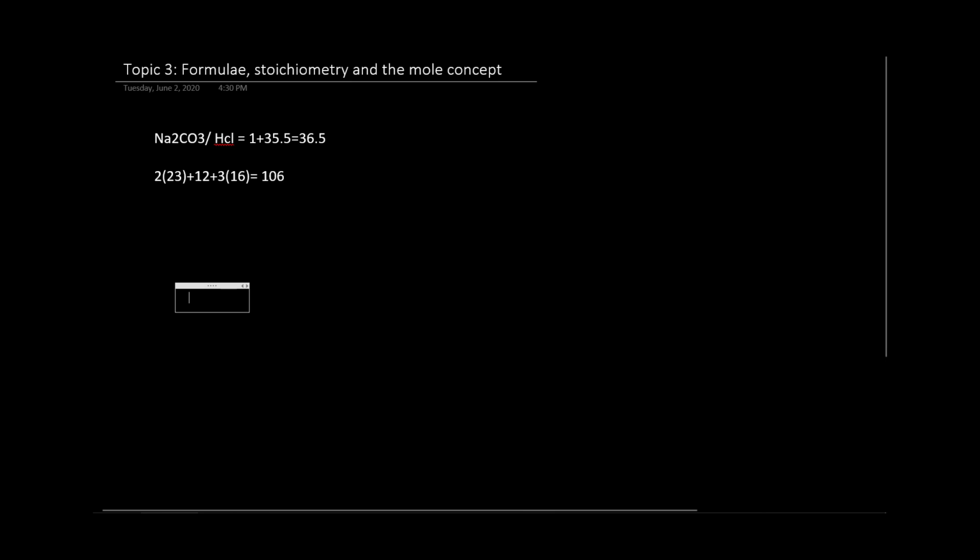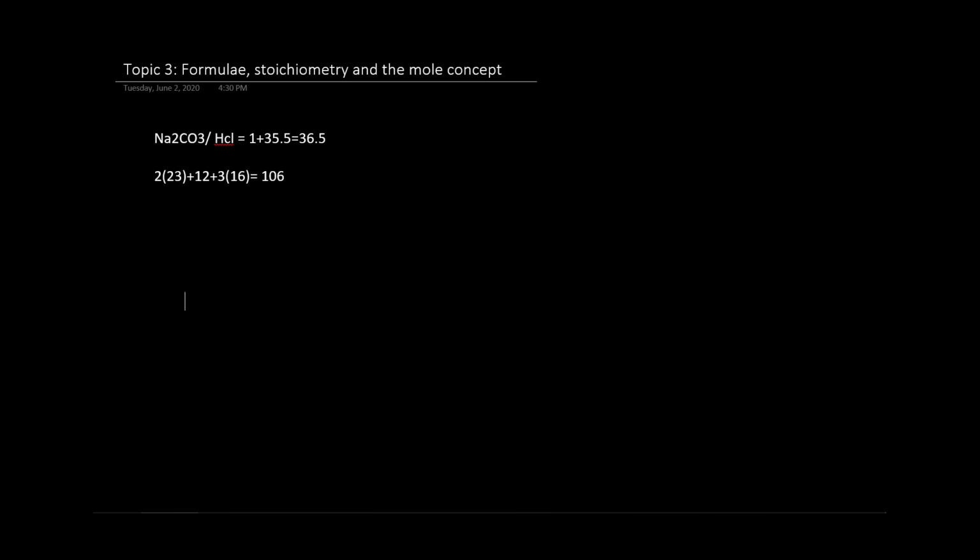What you do in this case is you calculate the total mass of sodium atoms in this compound, which is 2 times 23, which equals 46 grams. And what you do next is you simply divide this number by the total mass of the compound, which is 106, and then multiply it by 100 to get your percentage composition.